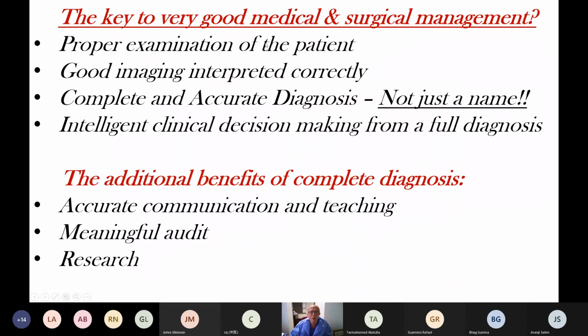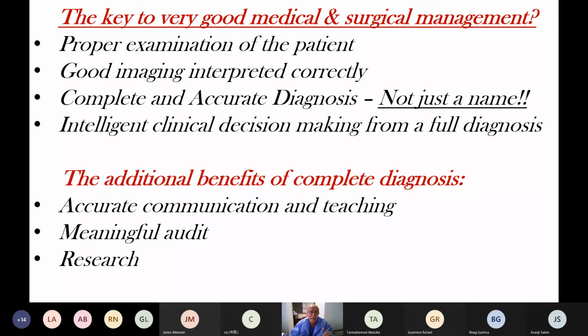So I would say the key to very good medical and surgical management obviously is to examine the patient properly, because this last patient clearly had pulmonary hypertension. You need good imaging, which is interpreted correctly. You need a complete and accurate diagnosis, not just a name. It's no good calling that a partial AVSD in the last case.